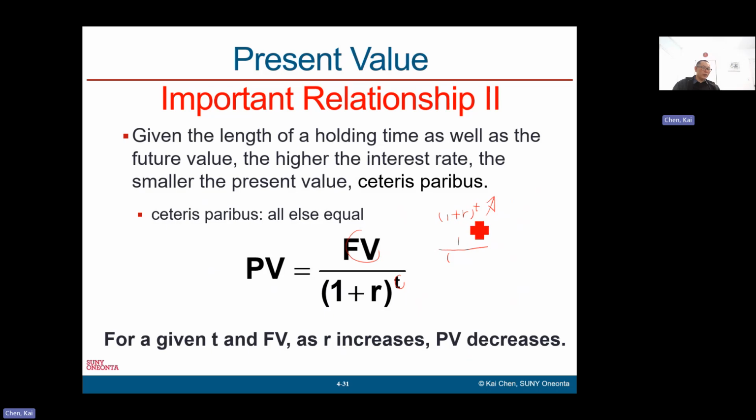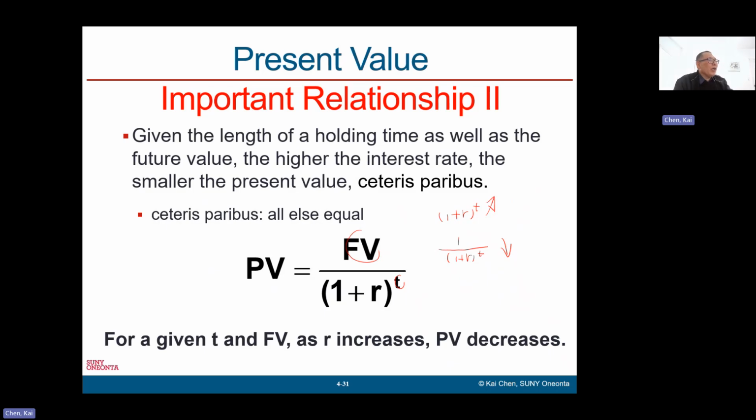Now let's look at what would happen to the present value factor. 1 over 1 plus r raised to the power of t would decrease, right? Then we can conclude, with all other things being equal, for a given t and FV, as r increases, present value decreases, and vice versa. So that is important relationship 2.